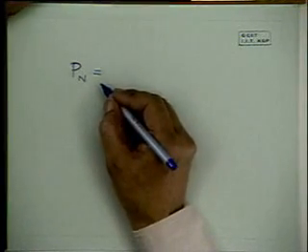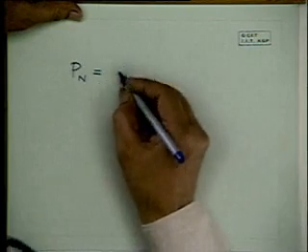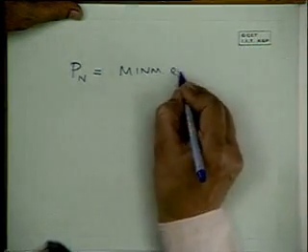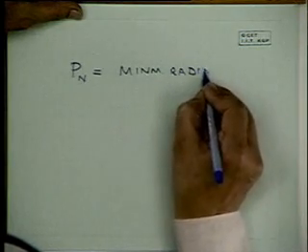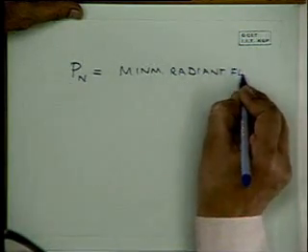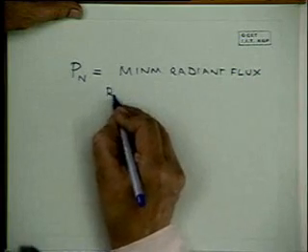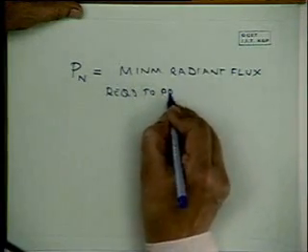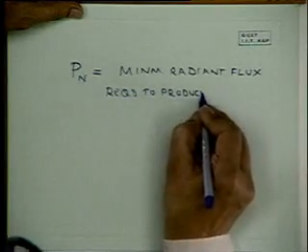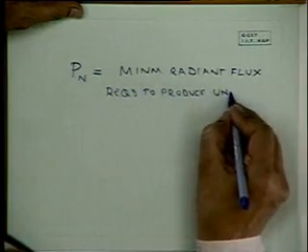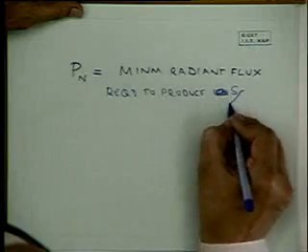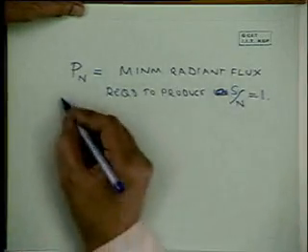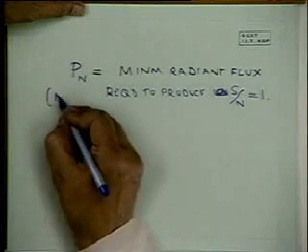Pn is the minimum radiant flux required to produce a signal to noise ratio equal to unity. So this is noise equivalent power.